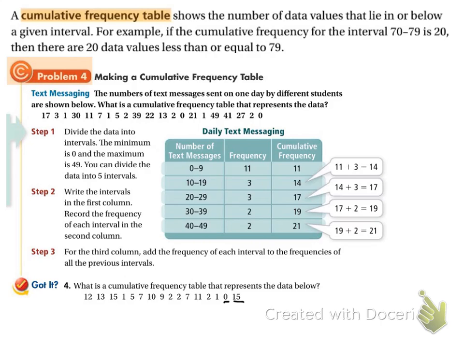So I'm going to clear a little bit more room down here. And they don't give us a label for what these numbers are for, so I'm just going to label my first column data. And I'm going to have frequency, and then cumulative frequency.